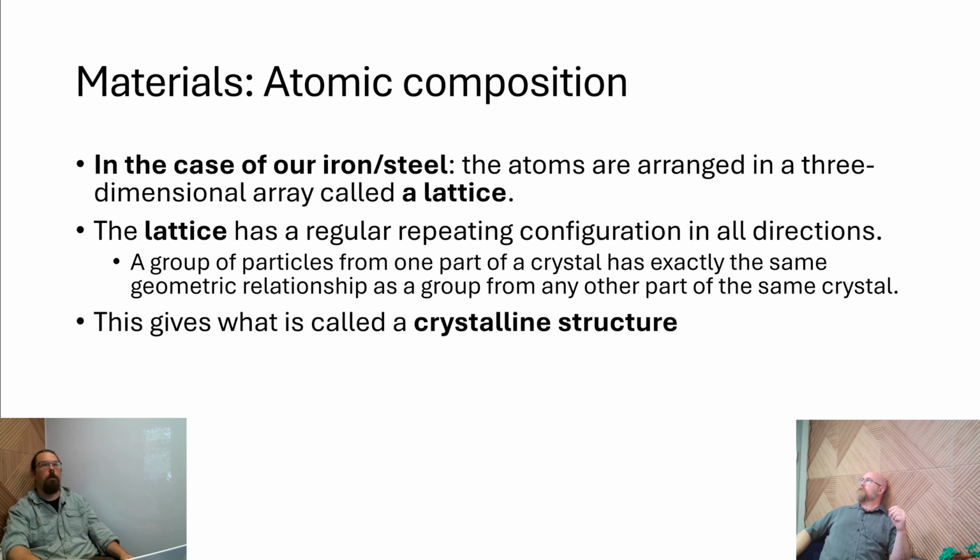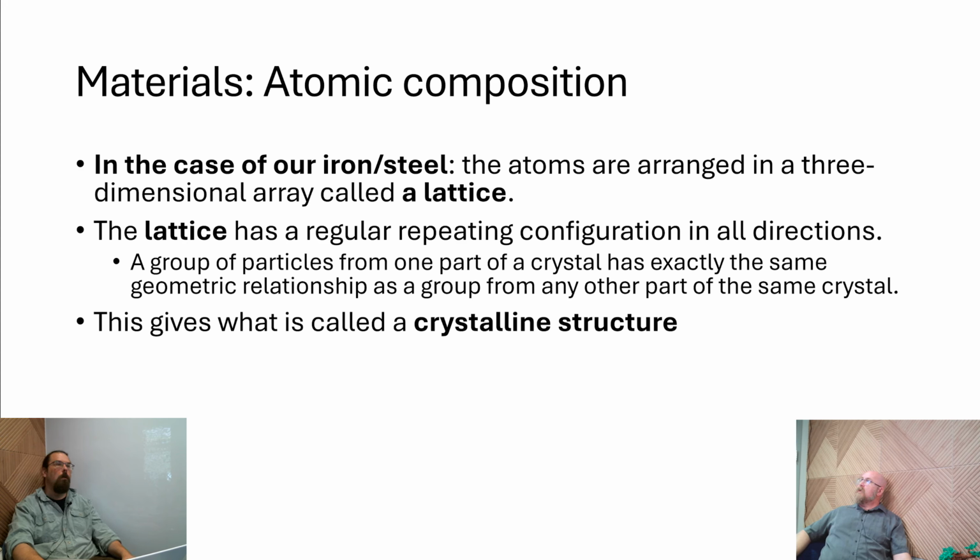Coming back to iron and steel. These atoms, as they exist as a solid, get arranged into a three-dimensional array that we call a lattice. A lattice is a common term that we use when we're looking at metallic materials in this way, and you will see this terminology a lot.